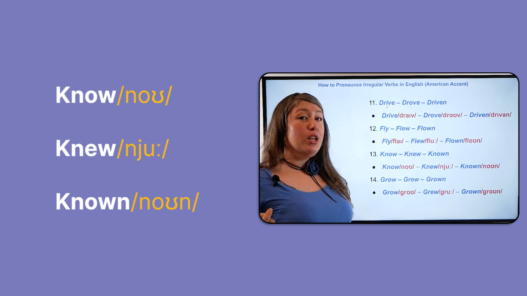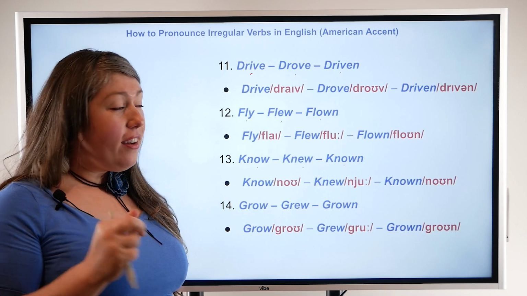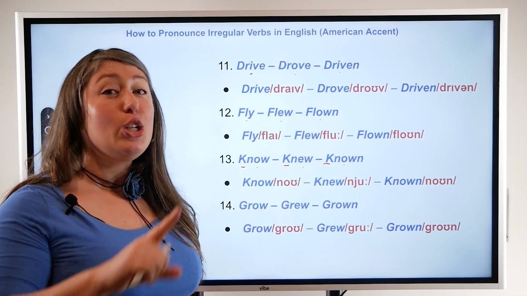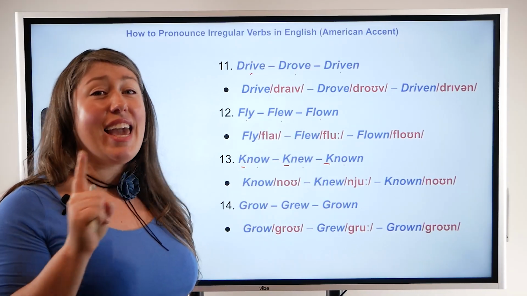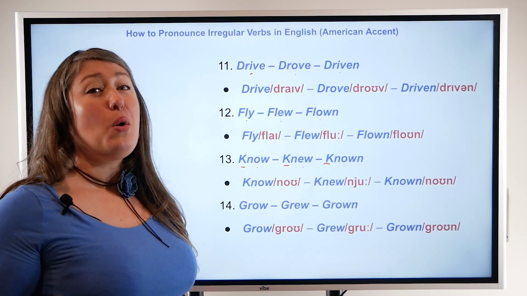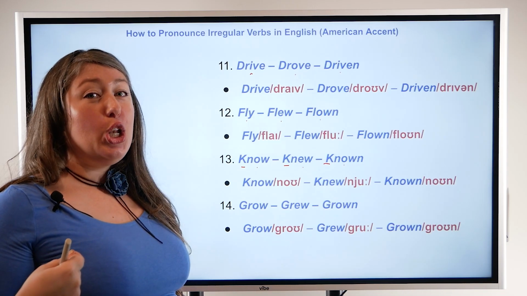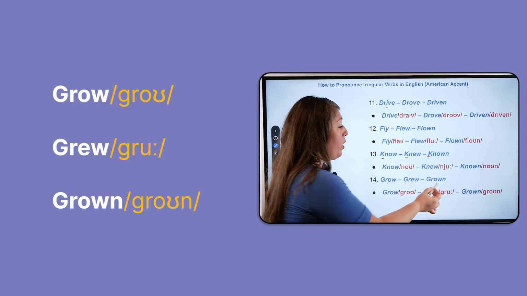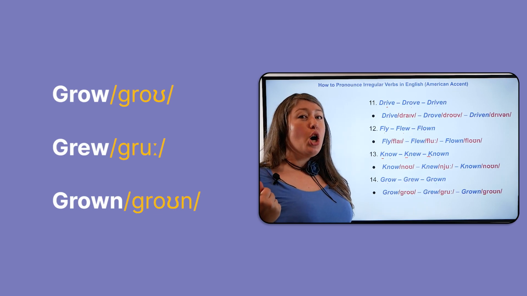Know, knew, known. And be careful here. We've got the letter K, but it's silent. Do not pronounce the K in any of these forms. Once again, know, knew, known. And grow, grew, grown. Once again, grow, grew, grown.